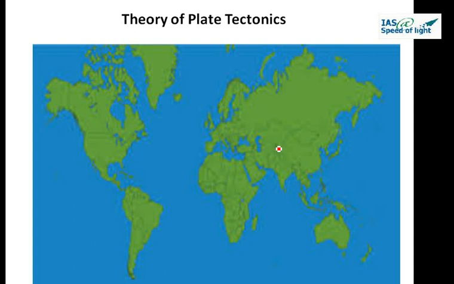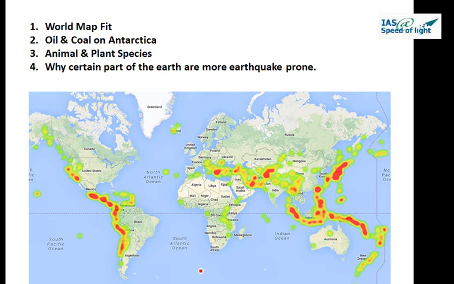For example, you can see this area of the Red Sea which can fit, then Madagascar which can come to East Africa, and then the whole of East Africa can fit into India, and then also the Antarctic Ocean.